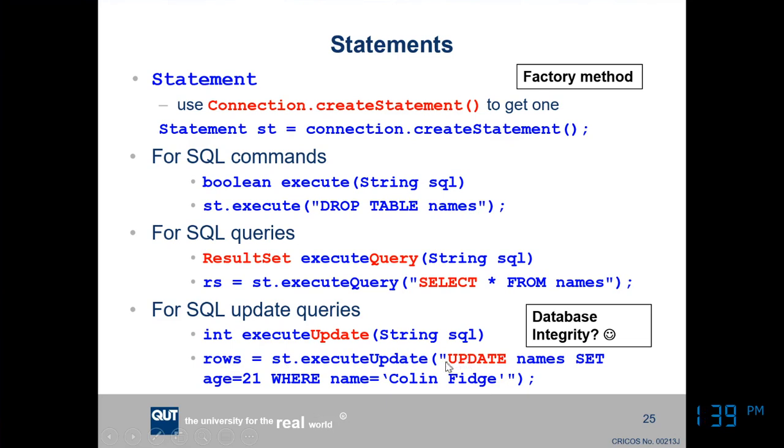So this, for example, will change one person's age to 21, where that person's name is Colin Fidge. And that will return the number of rows affected, which will be either 0 if there's no one named Colin Fidge in the database, or 1 if there is someone named Colin Fidge.